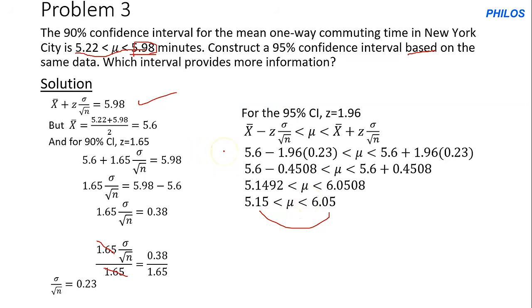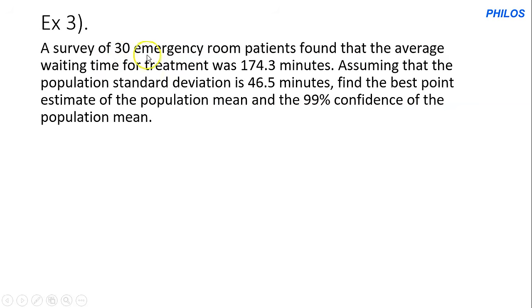So let's take another examinable question. A survey of 30 emergency room patients found that the average waiting time for treatment was 174.3 minutes. Assuming that the population standard deviation is 46.5 minutes, find the best point estimate of the population mean and the 99% confidence interval of the population mean.